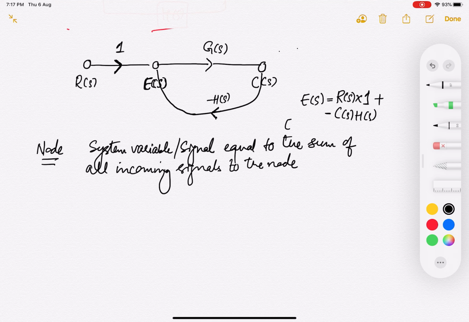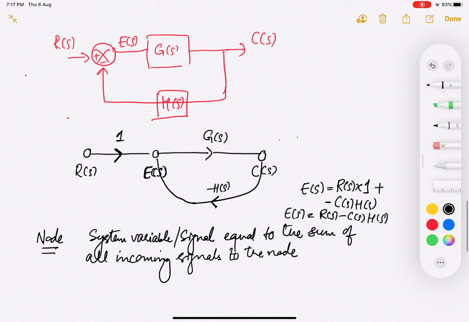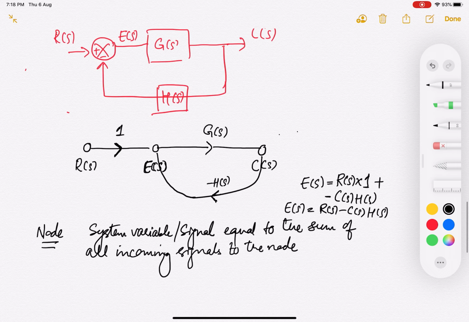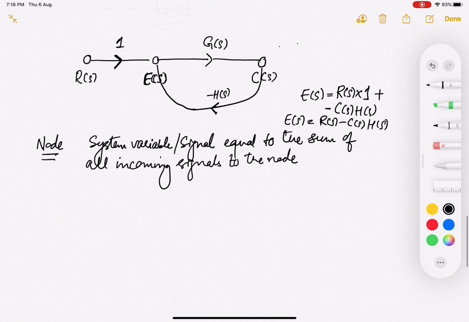So ES is RS minus CS HS, and this is what you have done in the block diagram. Although it is clearer from the block diagram and less clear from the signal flow graph, this is the advantage of the signal flow graph, that the requirement for drawing the summing junction is not there.